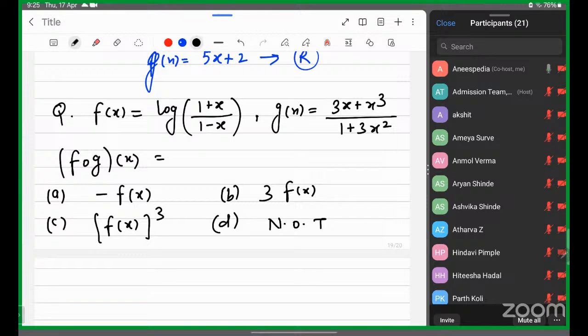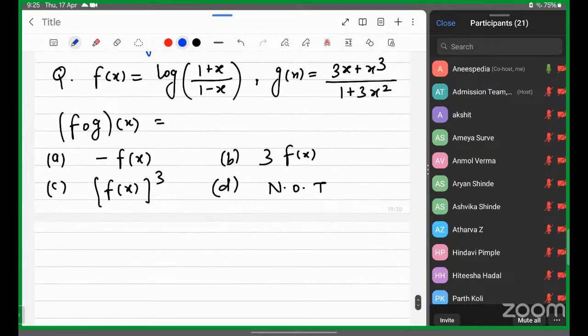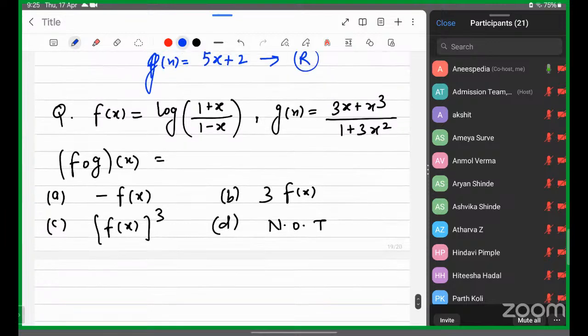So to simplify this question, again we have two methods. One is traditional, in which we can solve it by putting g of x into f of x as input, and on simplification we will get some answer. Accordingly we will match the option. Another way is you can take a certain value of x and put it into the function and get a finite value and check which option will give that finite value.